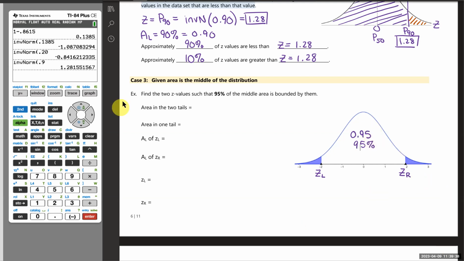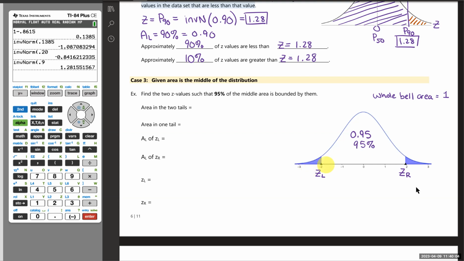What is the area in the two tails? The whole bell area would equal 1, or 100%, but we'll stay with decimals. The whole bell has to add up to an area of 1.